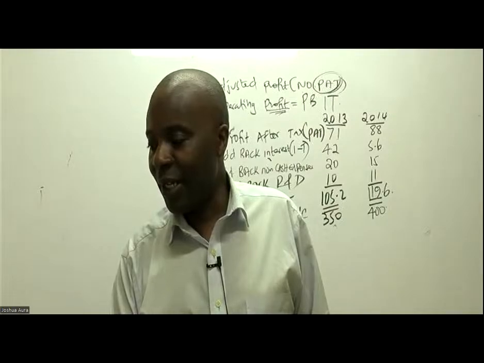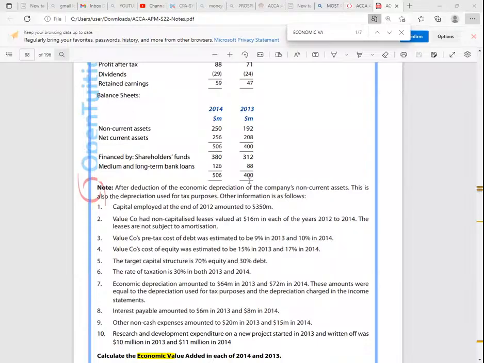Great. Let me repeat this figure here. These are the capital employed, because this is total assets less current liabilities. So when they talk of net current assets, already they have subtracted the current liability. So whatever we have here is the capital employed, but now at the end of the years.